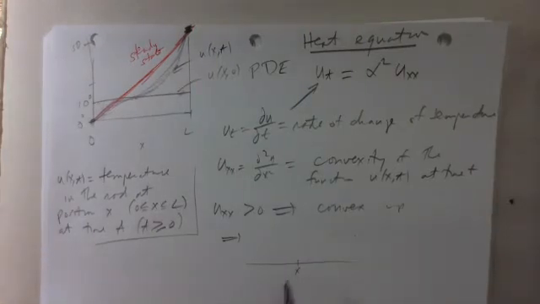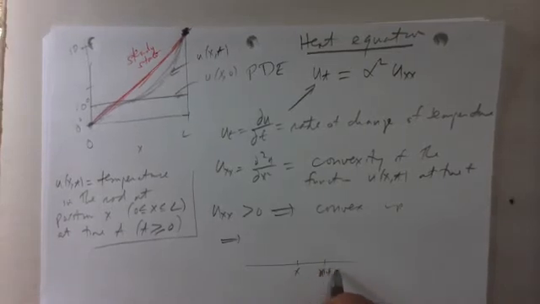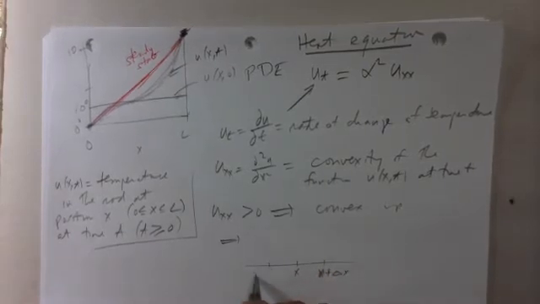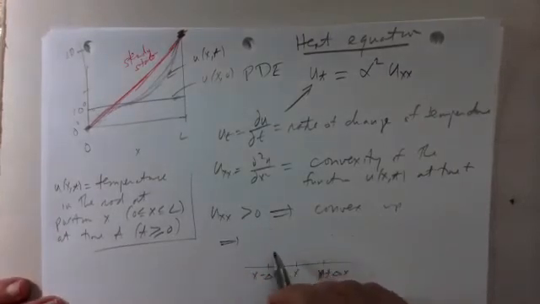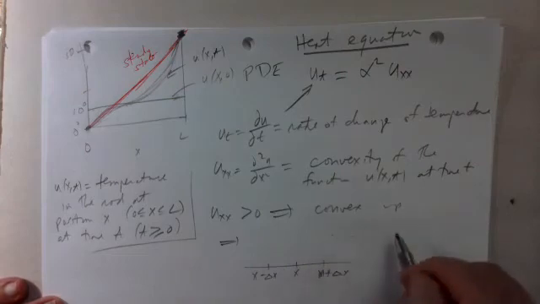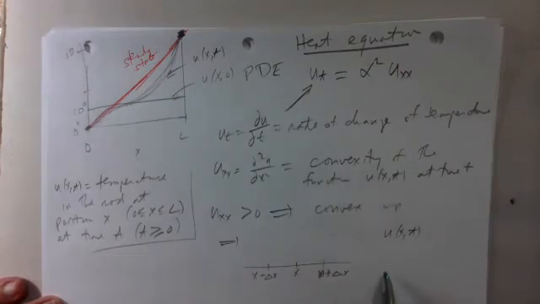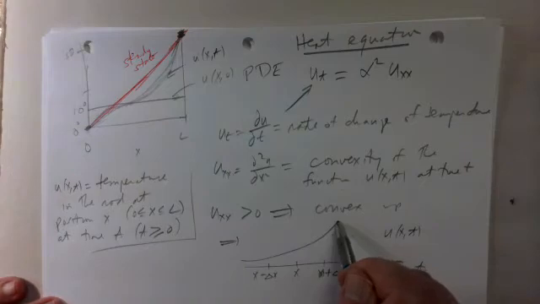And suppose I go a little bit to the right, x plus delta x, and a little bit to the left, x minus delta x. And I'm going to graph, this is for fixed t, u of x, t, if it's convex up, it looks like that. Convex up.